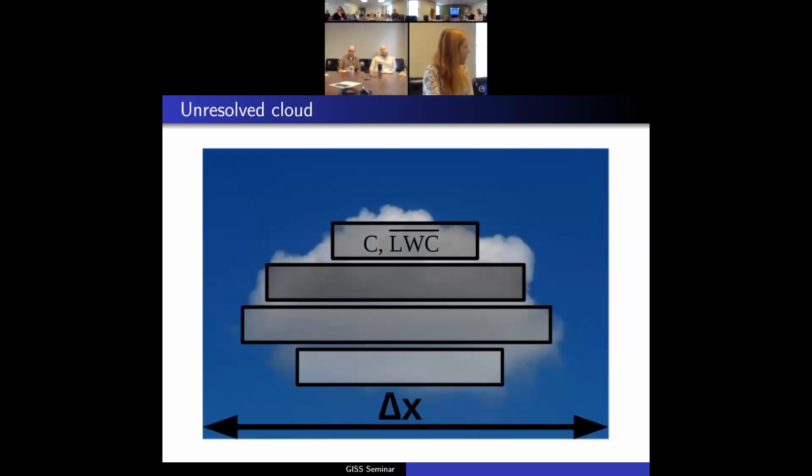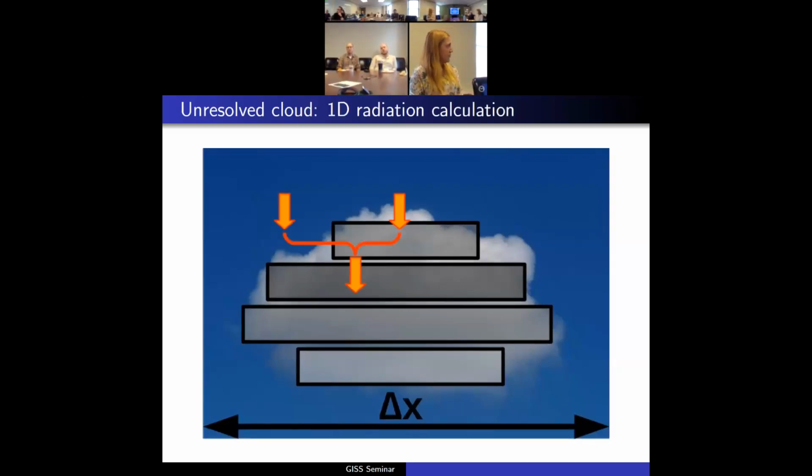When we perform the 1D radiation calculation on such unresolved clouds, it's now a bit different than before. It's a bit more sophisticated because we have to steer radiative fluxes and divide them between the cloudy and cloud-free parts of the model column. But we still don't have any horizontal radiative fluxes.